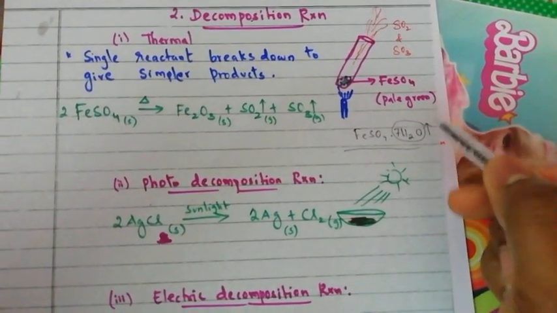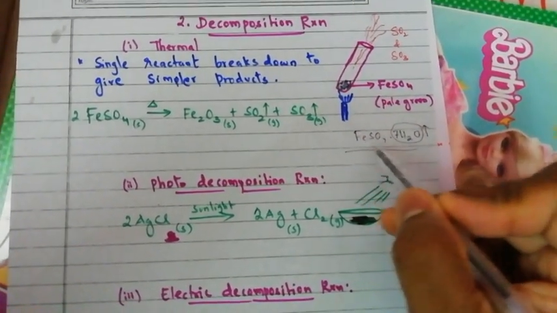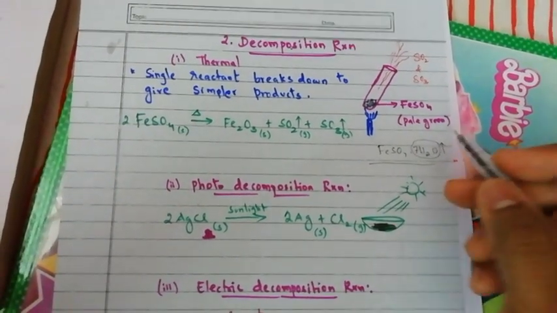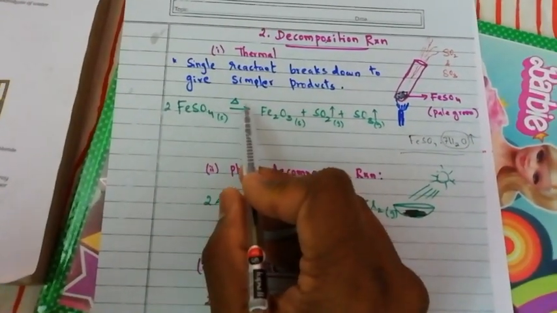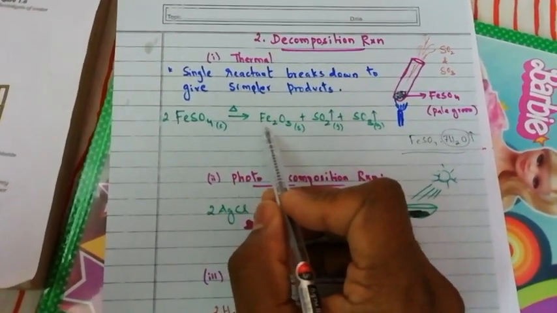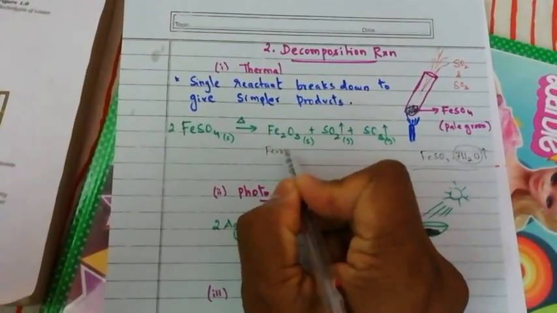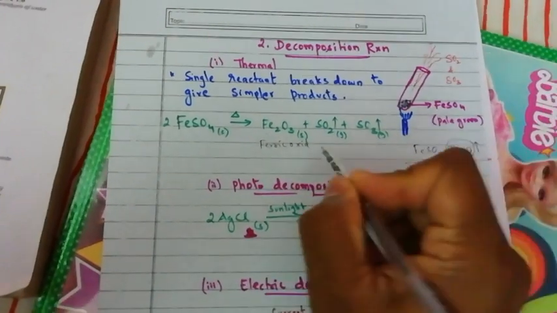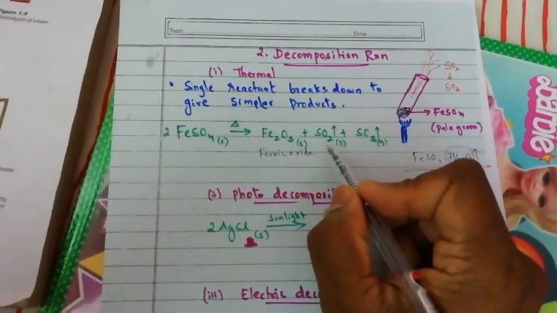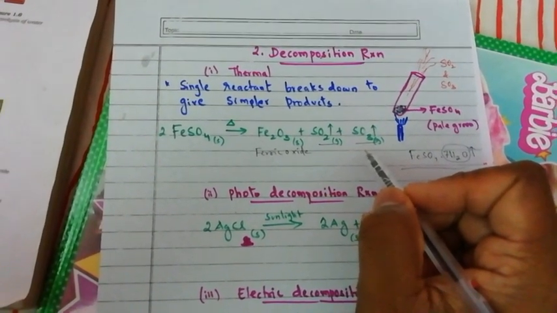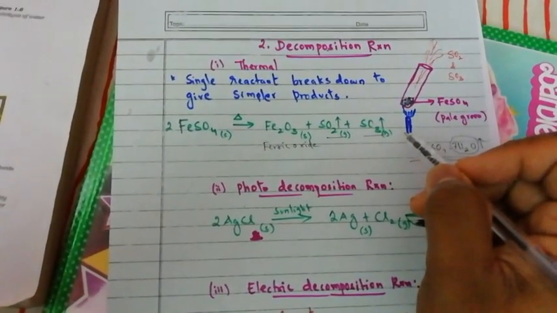Will you all understand? And not only that, when this ferrous sulfate is heated, it becomes ferric oxide, and also sulfur dioxide and sulfur trioxide gases come out, released.